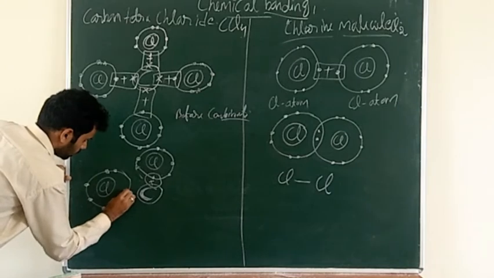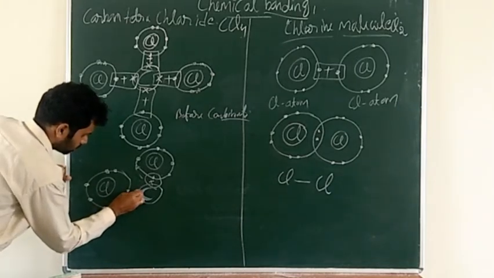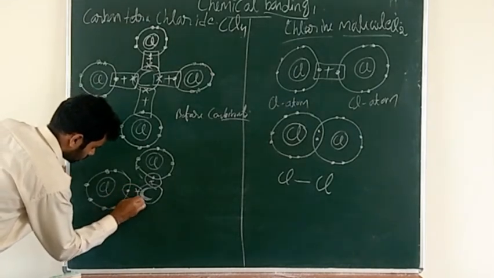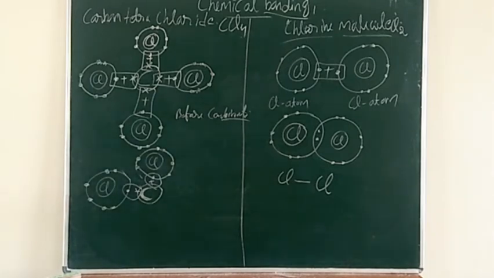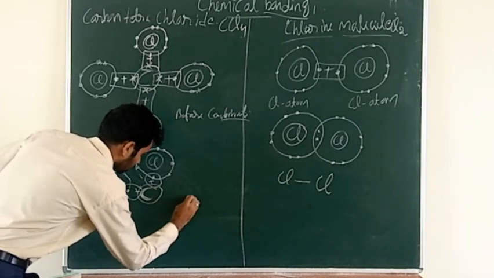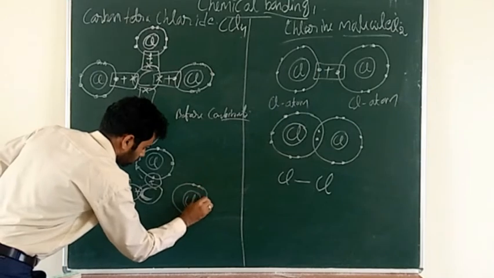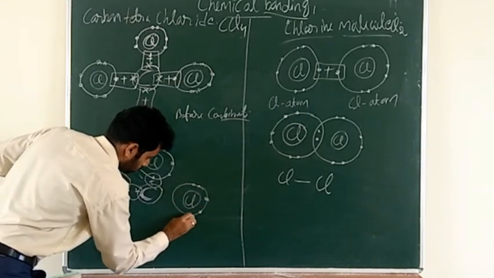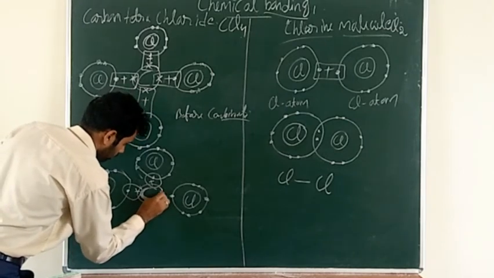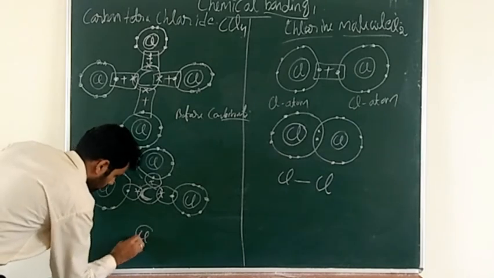So here one is there, and on this side a cross mark. Still you should write 2, 2, 4, and this one is going to combine. Similarly, here.